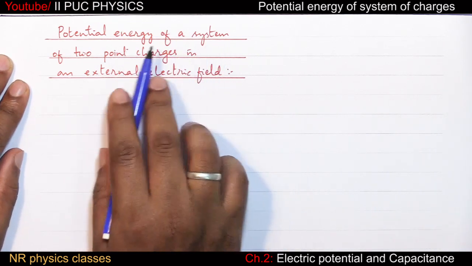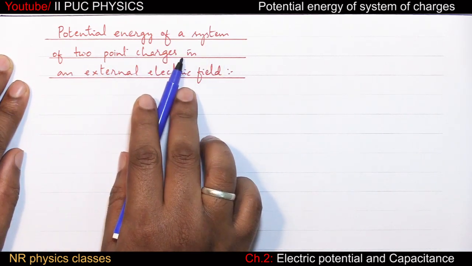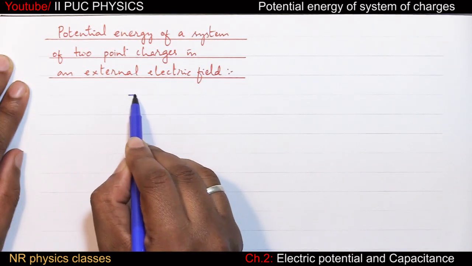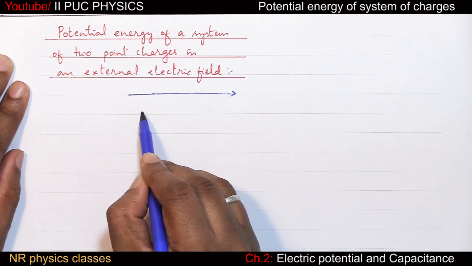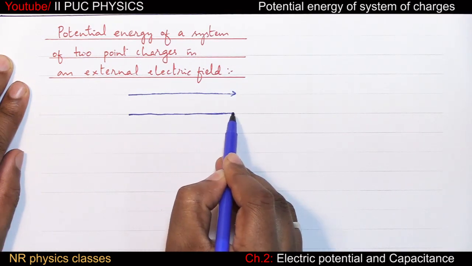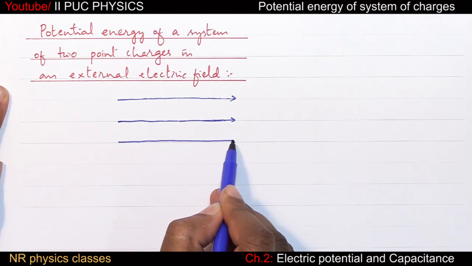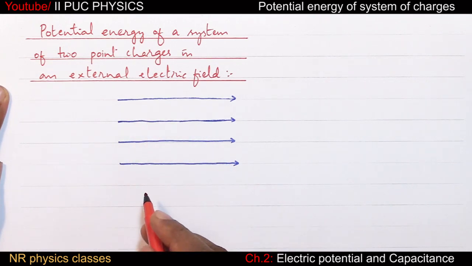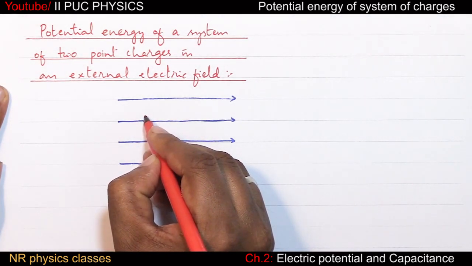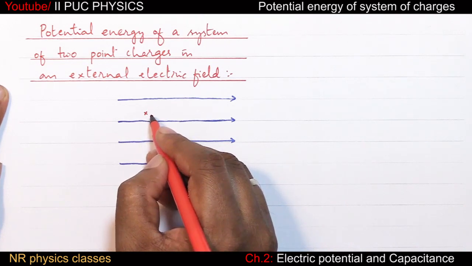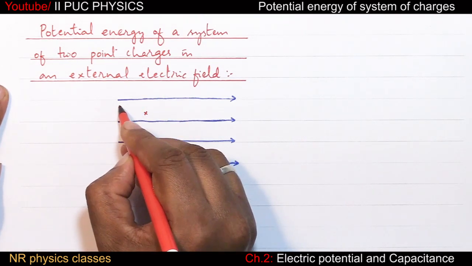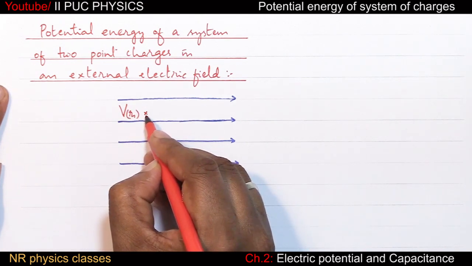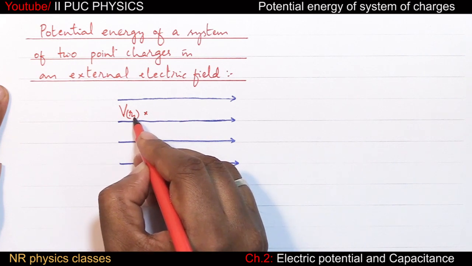Potential energy of a system of 2 point charges in an external electric field. This is an external electric field. In this external electric field, at this point potential is V(r1), because position vector of this point from the origin is r1.